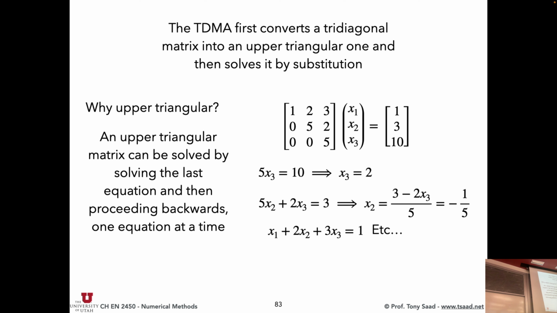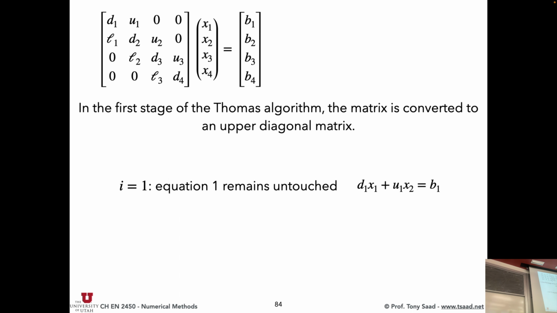So if this matrix is of size 1000 and it's upper triangular, you start with the last entry and build the solution backwards. That's called backward substitution. So the TDMA proceeds by first converting this tridiagonal matrix into an upper triangular matrix. Let me fix that.